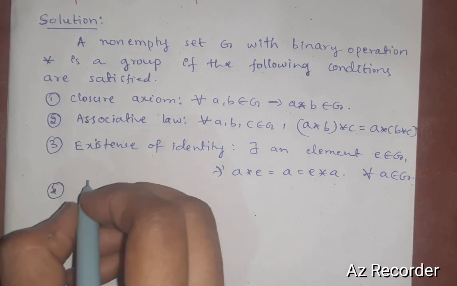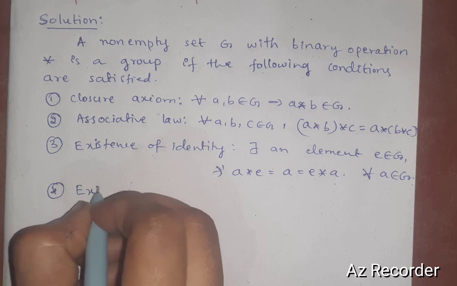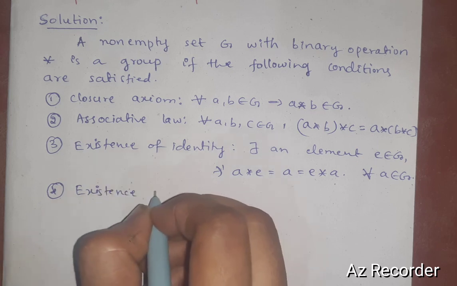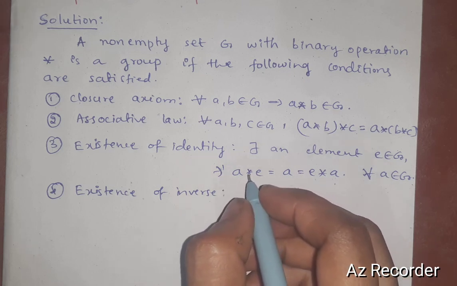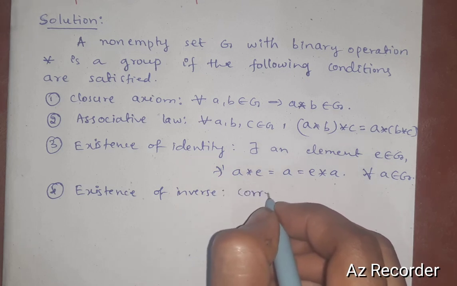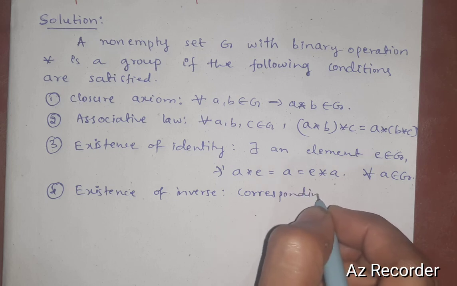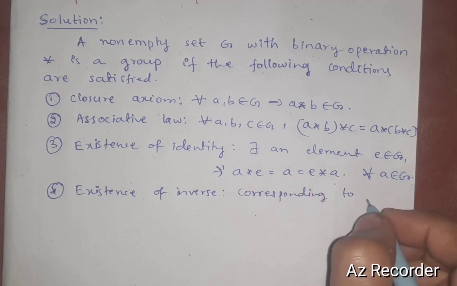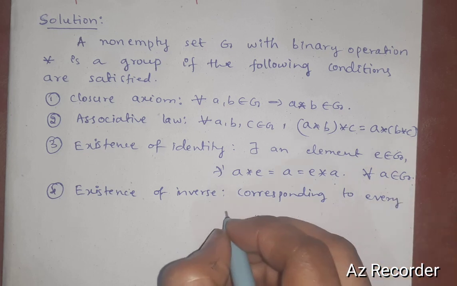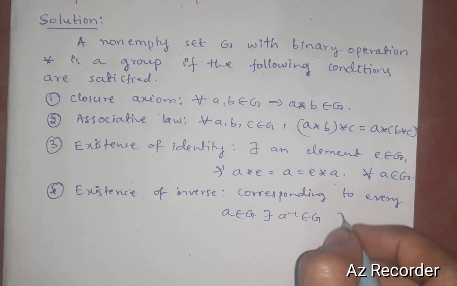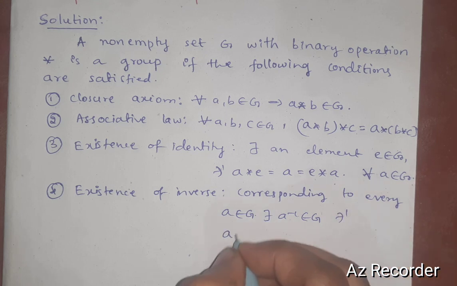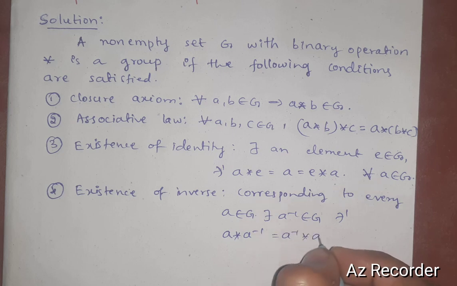Next, fourth one, existence of inverse. Corresponding to every a belonging to G, there exists a inverse belonging to G such that a star a inverse equals a inverse star a equals the identity.